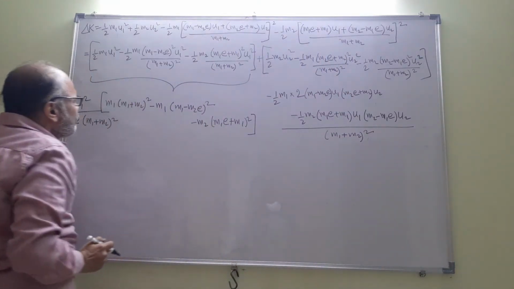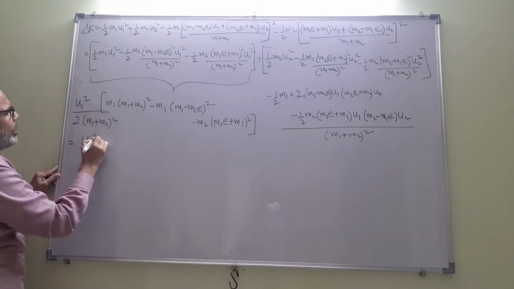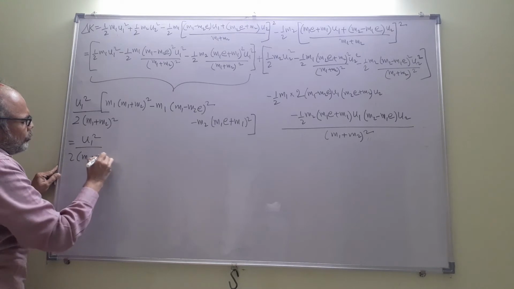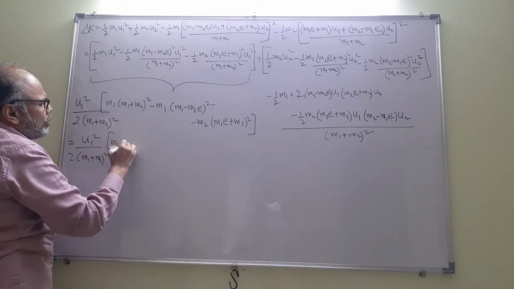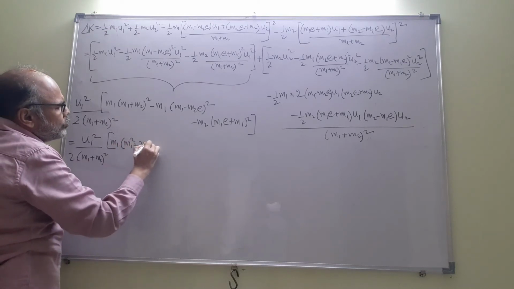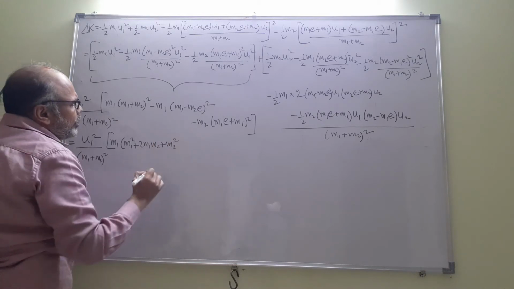So let's open this up now. So this will be u1 squared by 2 (m1 plus m2) the whole square into m1. This would be m1 squared plus 2 m1 m2 plus m2 squared.